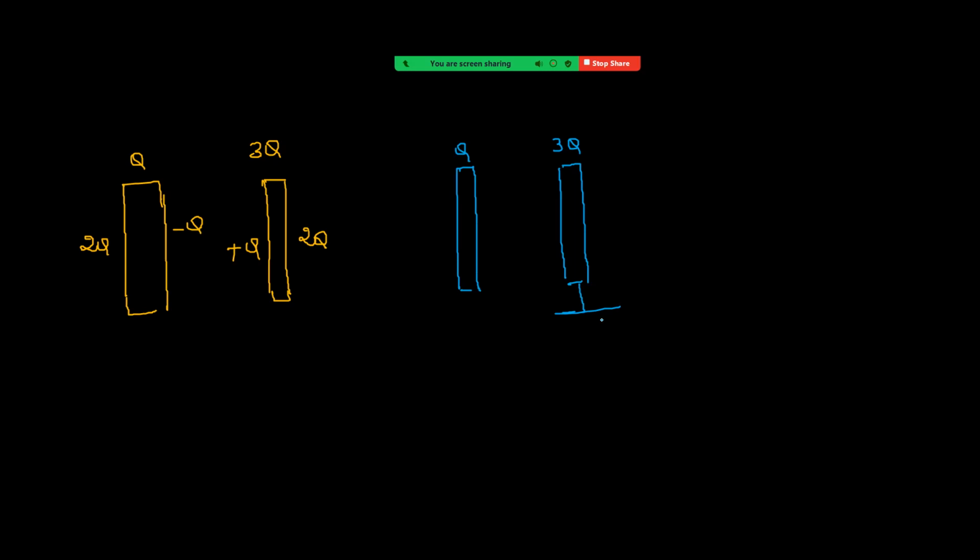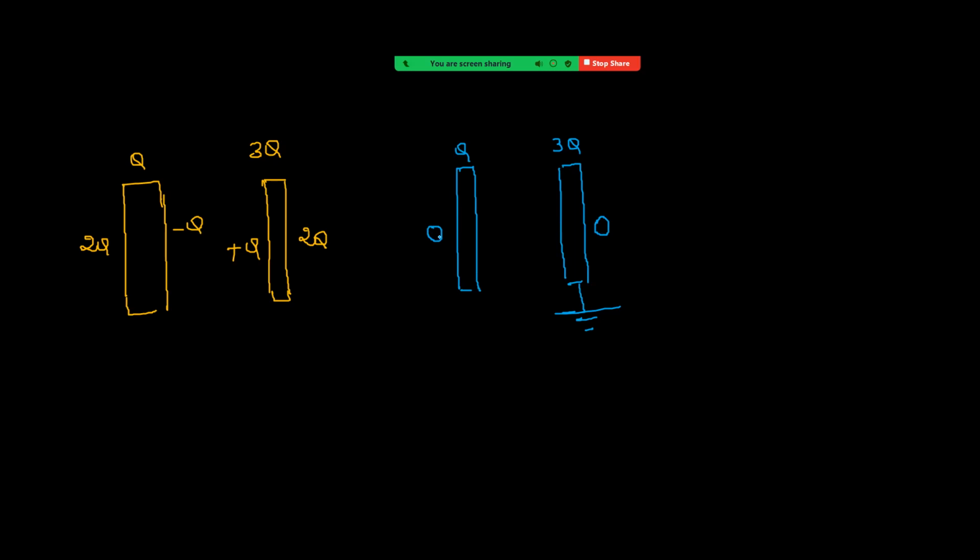Once this is grounded, charge on the outer face becomes zero. Okay. How much was available here? It is 2Q. Now it becomes zero. When this becomes zero, this also must become zero.